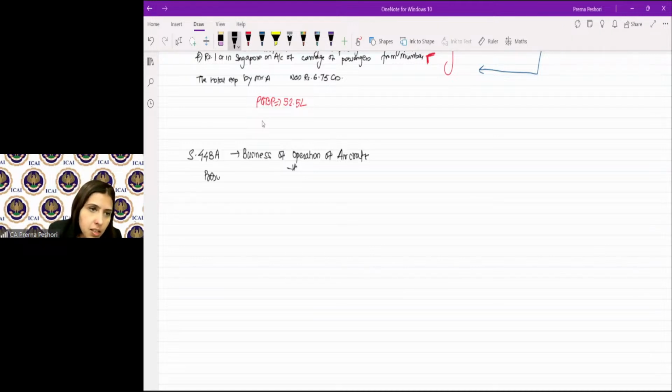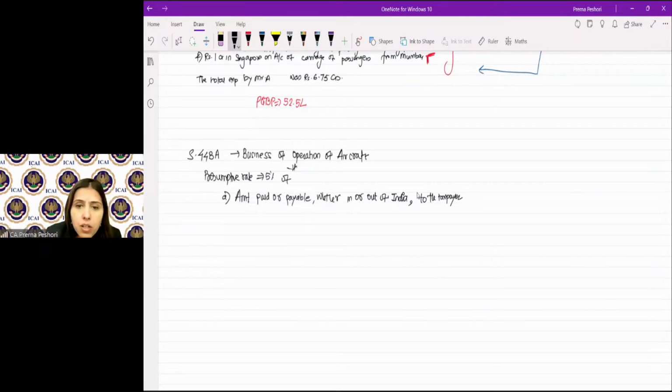Your presumptive rate is 5%. 5% of, again, the same thing, A, amount paid or payable, whether in or out of India, to the taxpayer on account of carriage of livestock, passenger or goods from any place in India.